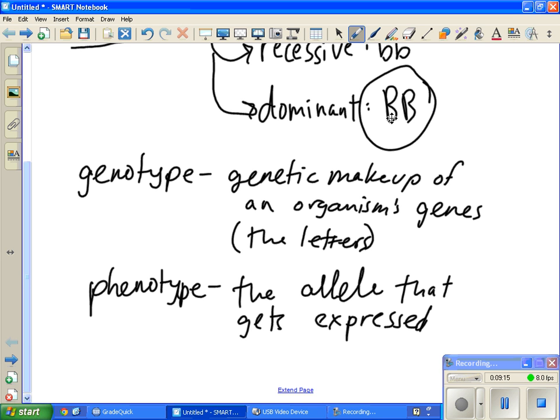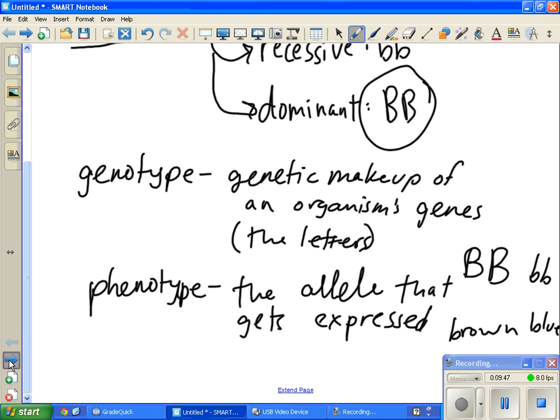We know that brown eyes are dominant. So if we have this genotype, which is dominant homozygous, that means the phenotype, what we see, is brown. We see brown eyes, right? So if we have a genotype that is homozygous recessive, then we see a phenotype that is blue.